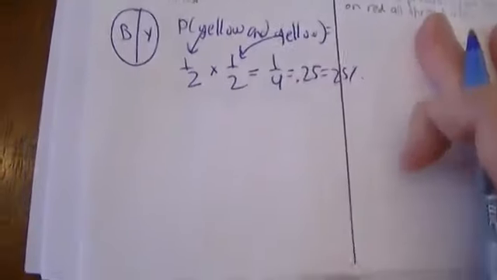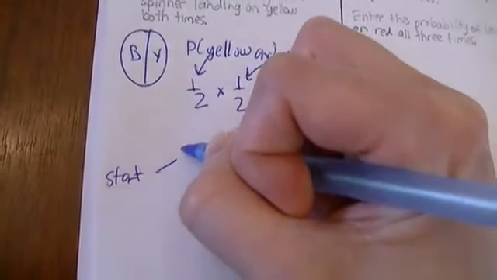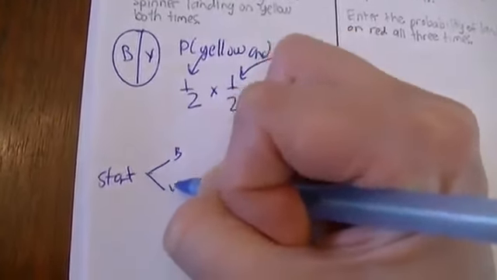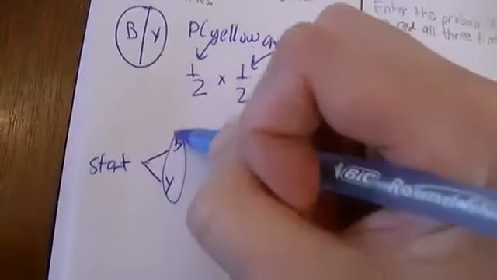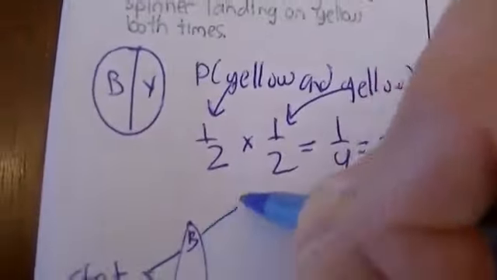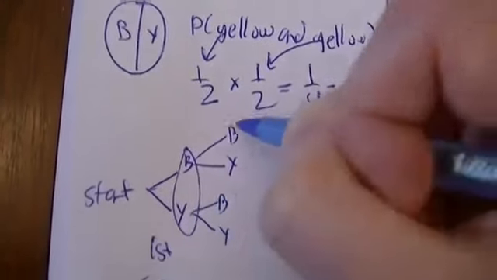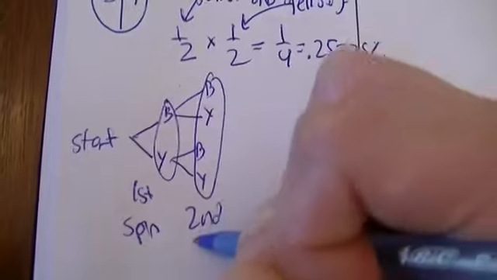If you're more of a counting tree type person, that's cool too. Start. First spin, you can land on blue or yellow. Second spin, if you land on blue first, you can land on blue or yellow. Blue or yellow, second spin.